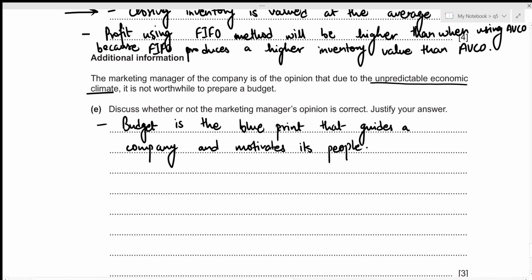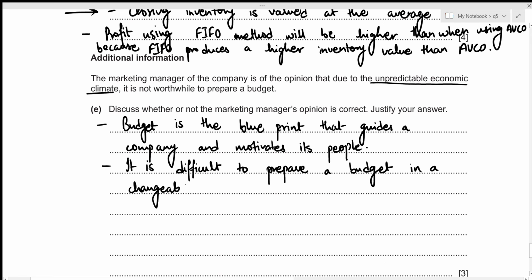But at the same time, we are talking about an unpredictable economic climate, which means that there is a changeable economy. So it is quite difficult to prepare a budget in such conditions. Let's write it down. It is difficult to prepare a budget in a changeable economy.